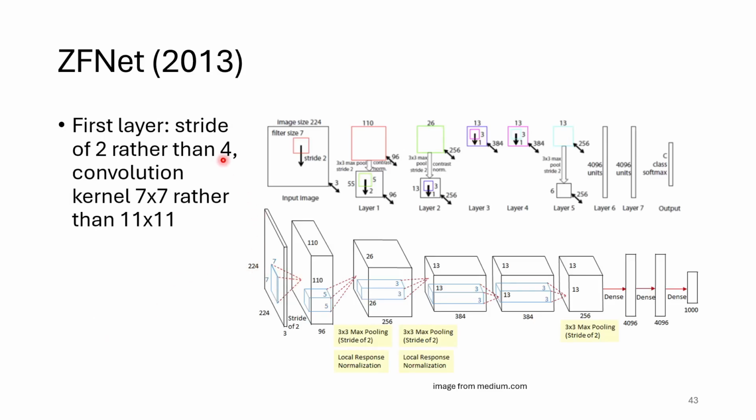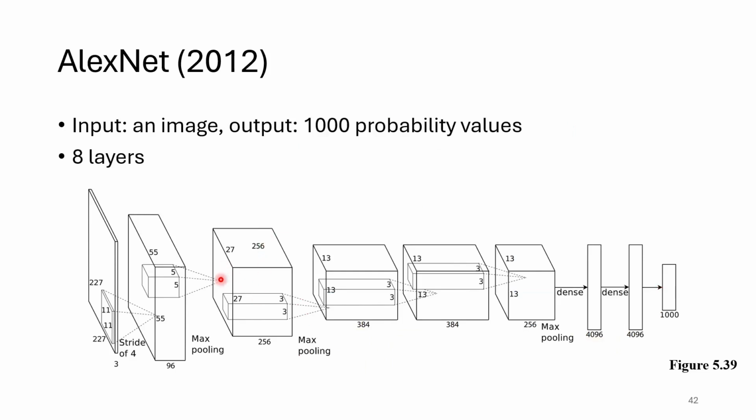And also they adjust the stride. Stride means, for the convolution kernel, how many pixels it shifts for the next convolution. And in AlexNet, the stride is 4 because their kernel size is 11x11.